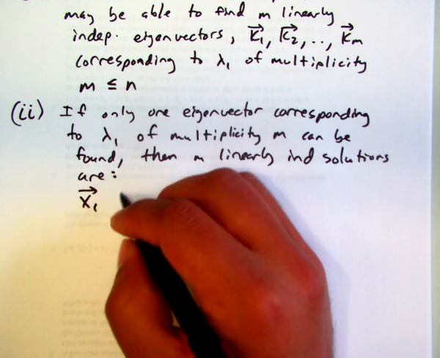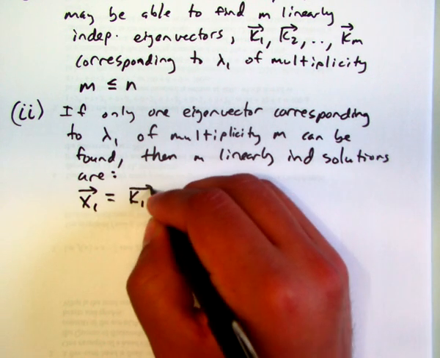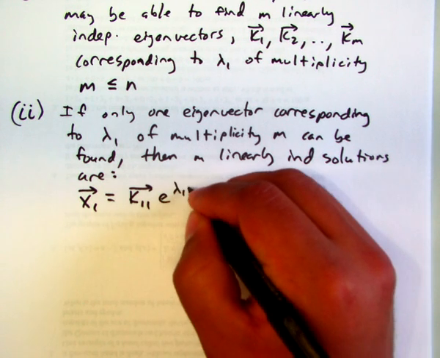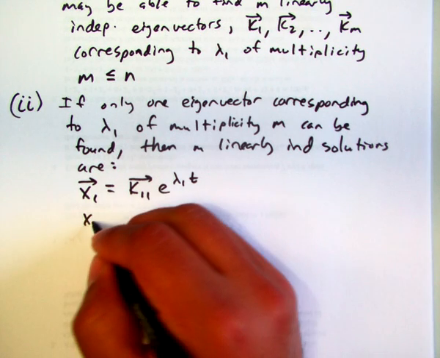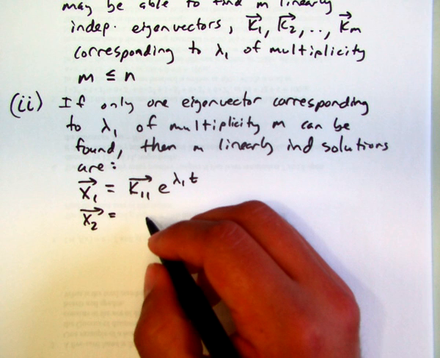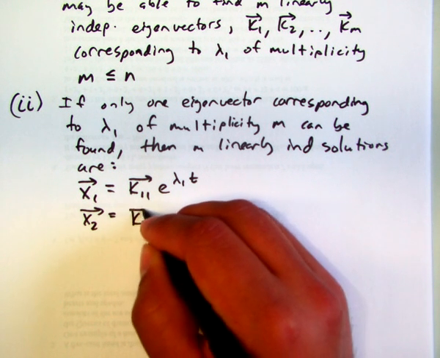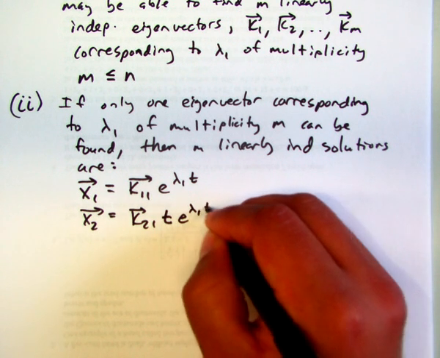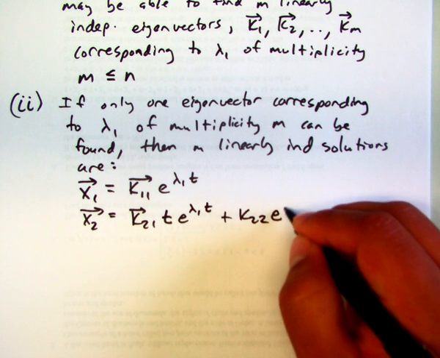Your first solution would just be your eigenvector times, and we'll call that k11, times e to the lambda 1 times t. Your second solution is going to be k21 times t e to the lambda 1 t plus k22 e to the lambda 1 t.